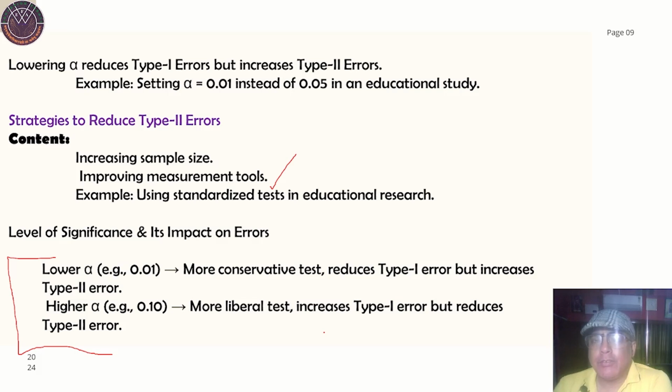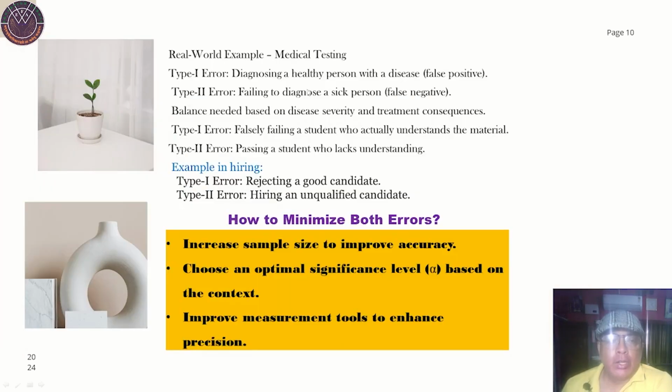That means whenever some effect is observed because of the activity based method, you will be able to detect it. In medical testing, type 1 error, diagnosing a healthy person with a disease, a false positive, is also a bad position. And if you fail to diagnose a sick person, that is a false negative, that is also dangerous.